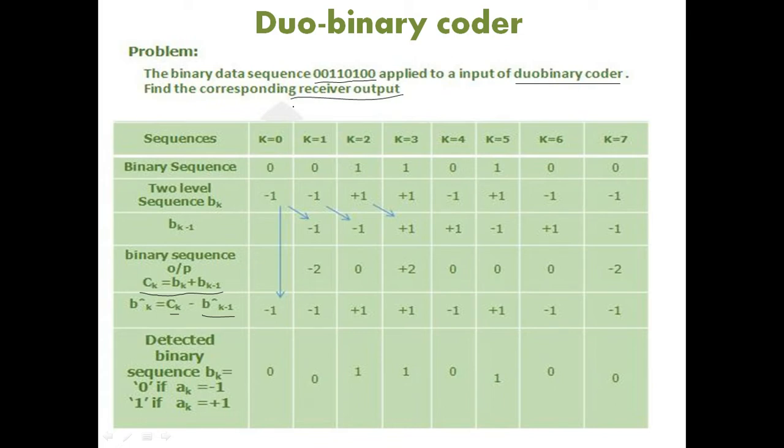This is the example for the first one, where the input sequence starts with k equal to 0 and ends with k equal to 7, so altogether 8 bits.